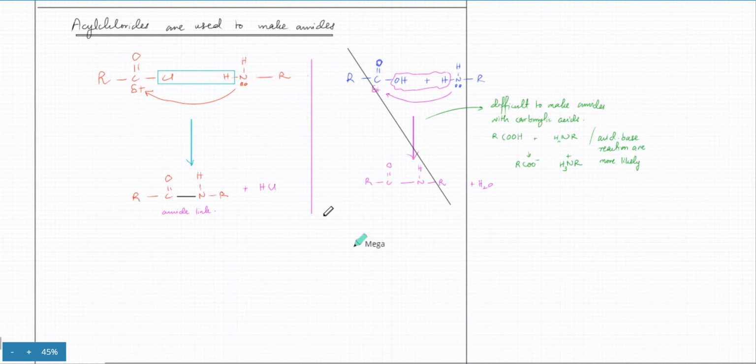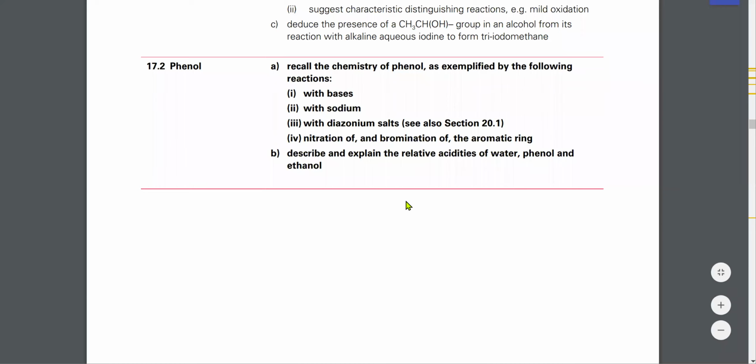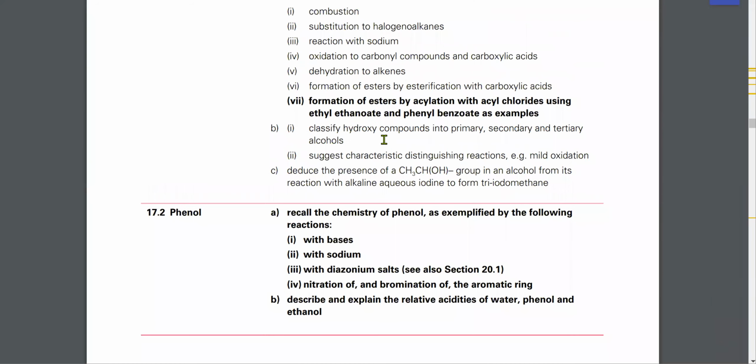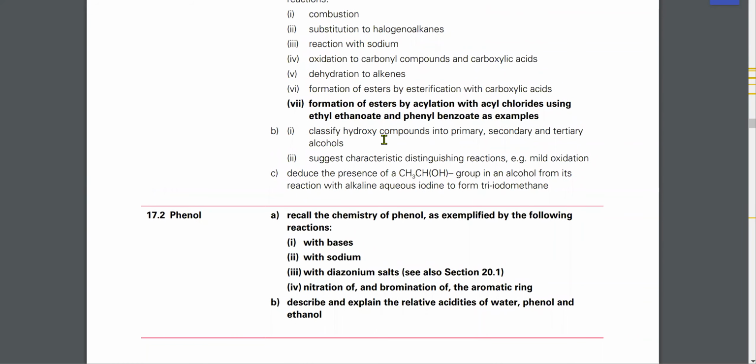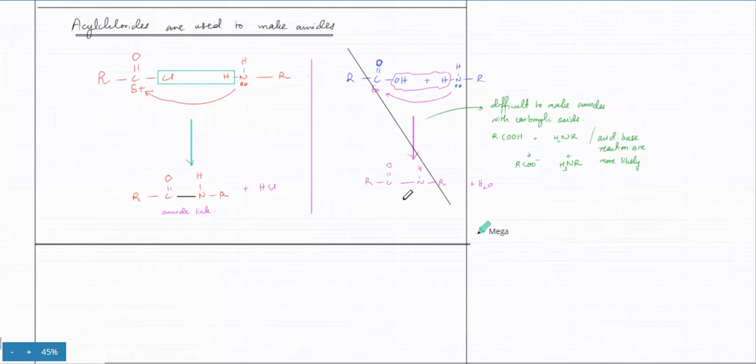Okay, we're pretty much done with acyl chlorides. The next thing that we're going to study is the comparison of bases. Why are certain substances basic and why are other substances not very basic?